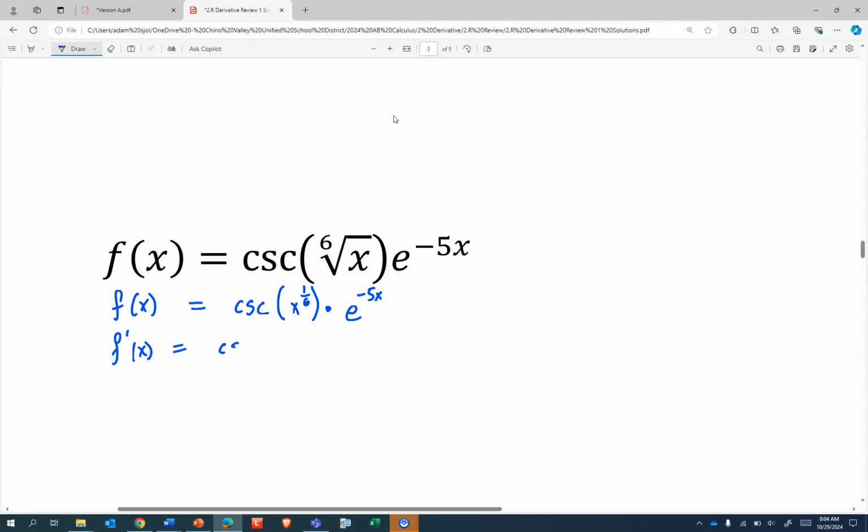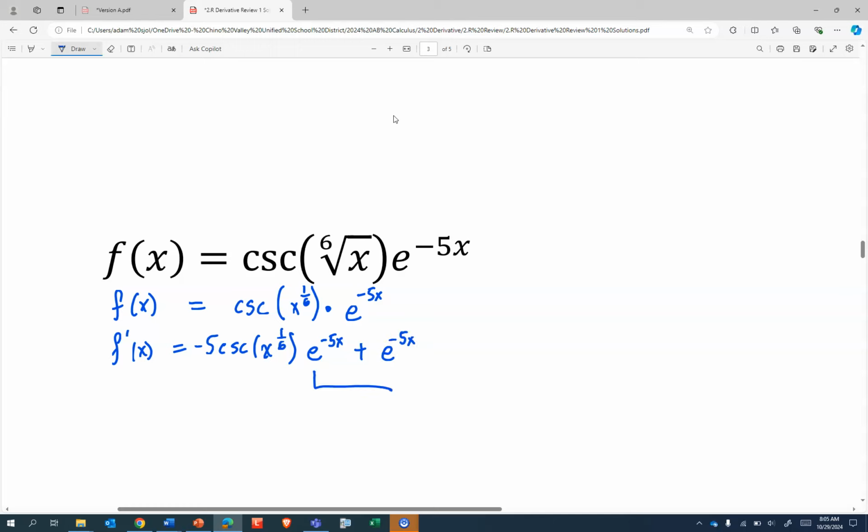First function, cosecant, and we don't worry about the input right now because we're not doing the derivative of that cosecant, times the derivative of e to the negative 5x, which is going to be e to the same power, negative 5x, natural log of e, and chain rule times a negative 5. I think I'll write that negative 5 out front.